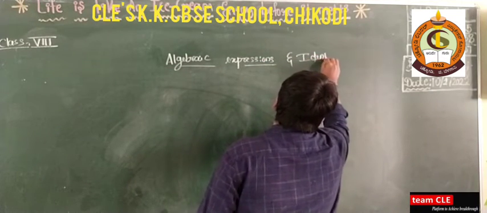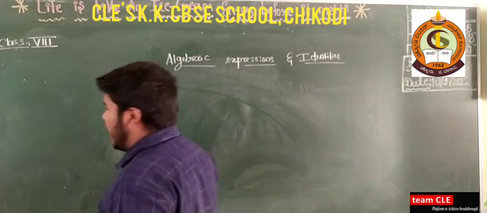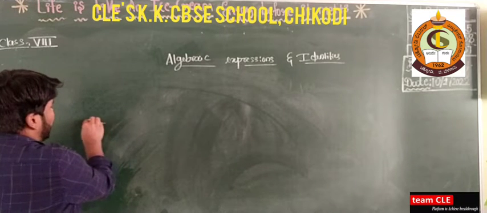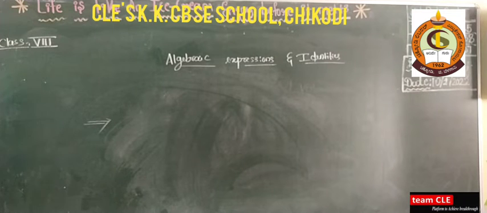So this is your next lesson. You are going to study algebraic expressions and identities. First of all, we are going to learn what an algebraic expression is. By solving an example, we will come to know what an algebraic expression is.